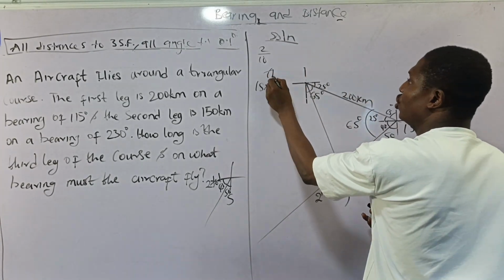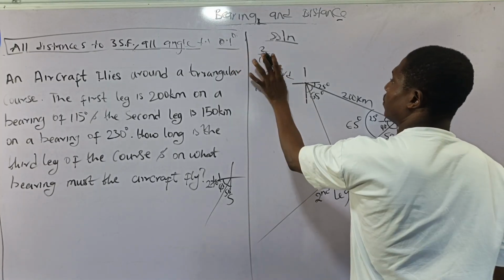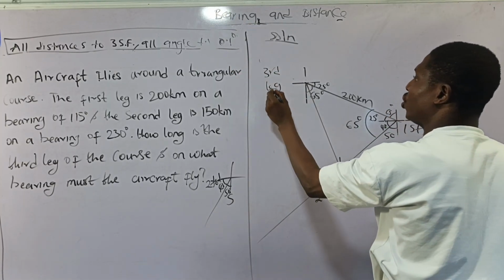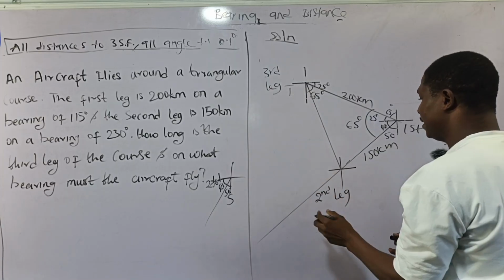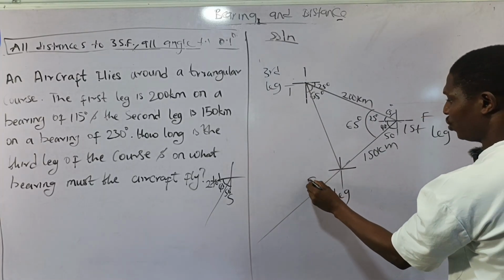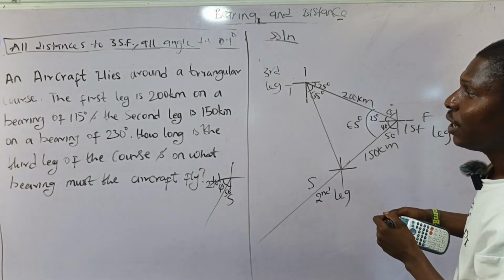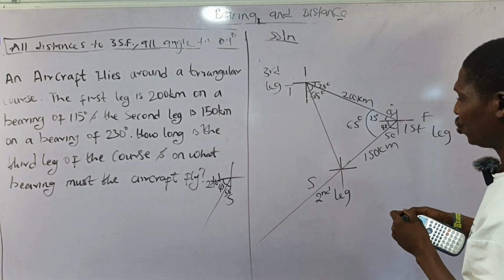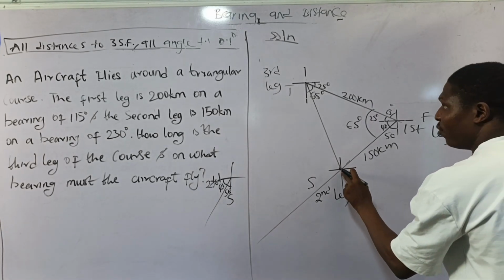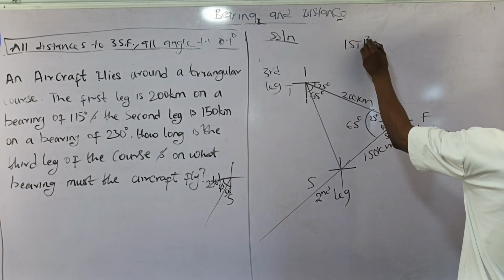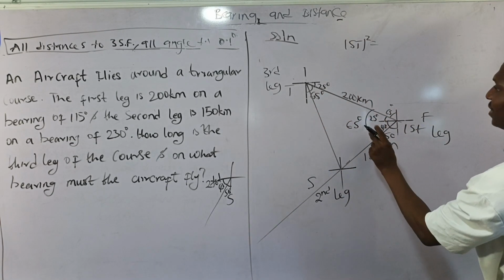So this becomes what? Third leg, which can be taken as t, while this can be taken as second, which is x, and this is first, f. Now they said, how long is the third leg of the course? The distance of the third leg is what? st. So I can have st squared equals to my distance, this is my angle.